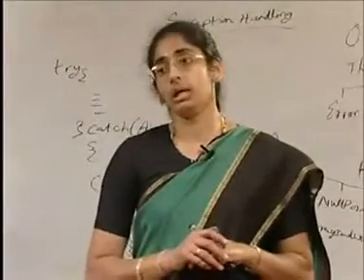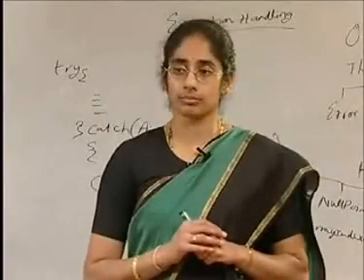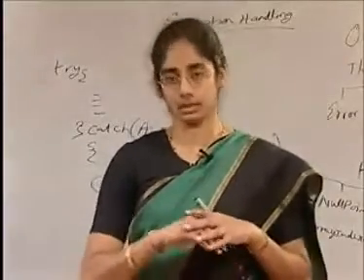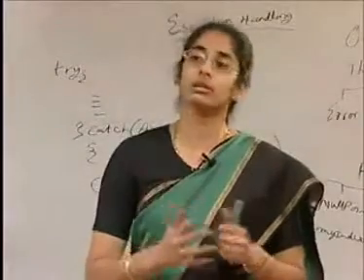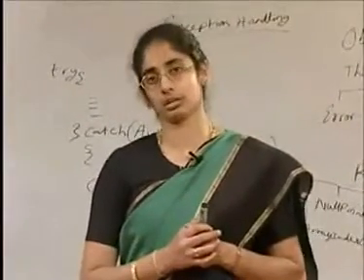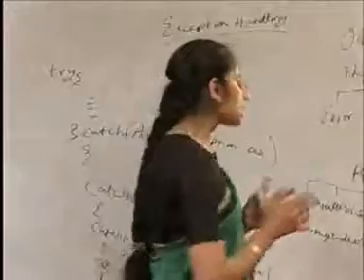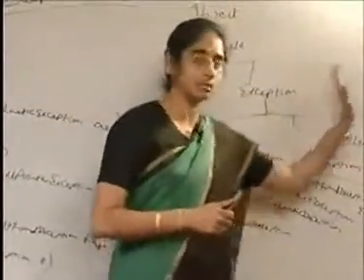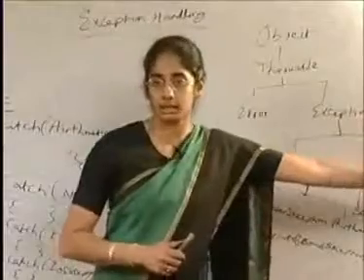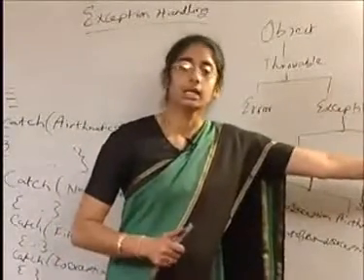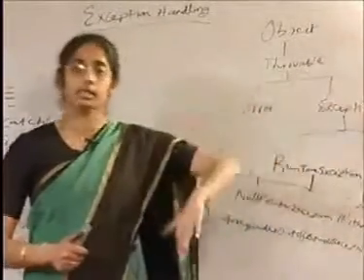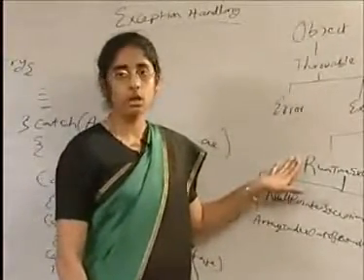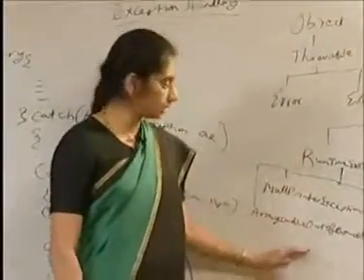Unchecked exceptions are those which the compiler does not bother to check during compilation whether you are handling those exceptions or not. Examples of checked exception are your SQL exception, IO exception, and whatever other exceptions are available. Example of unchecked exception are all your runtime exceptions. All runtime exceptions are unchecked exceptions.